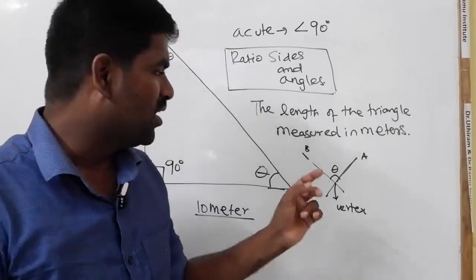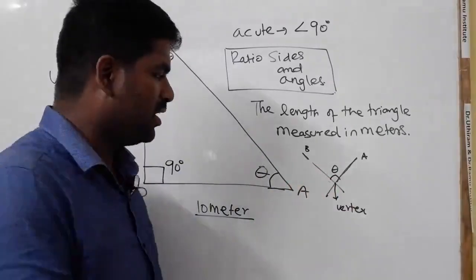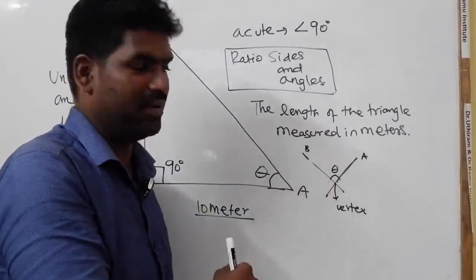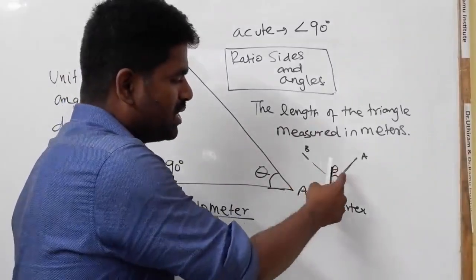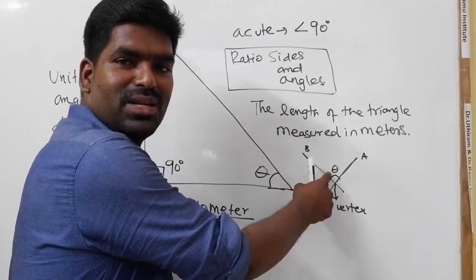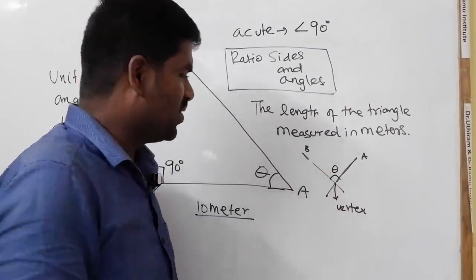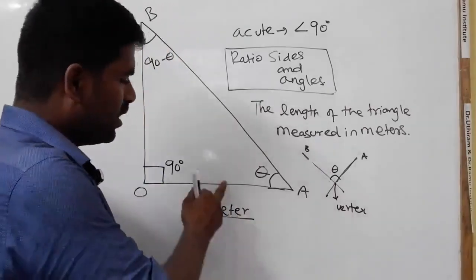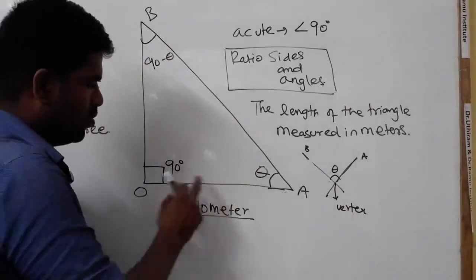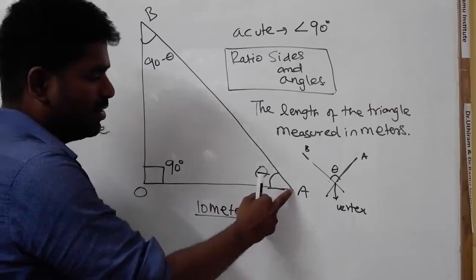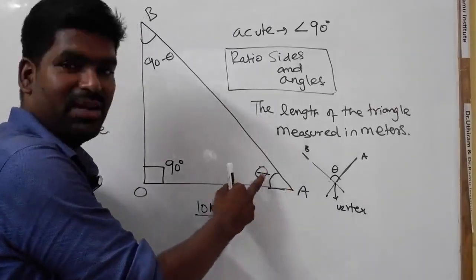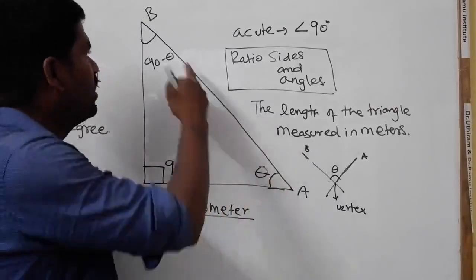So now we know that the common point is called the vertex. The angle between the two sides can be represented with the letter theta. Here in our case, the sides OA and AB have the common vertex at point A, so the angle is created between OA and AB.